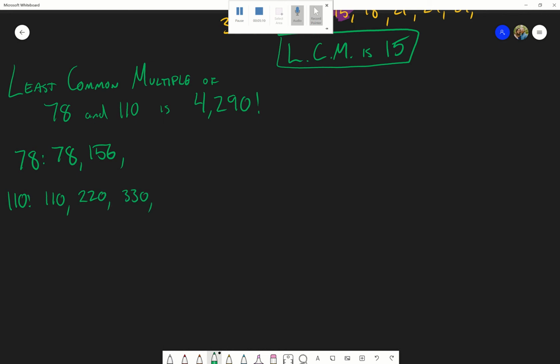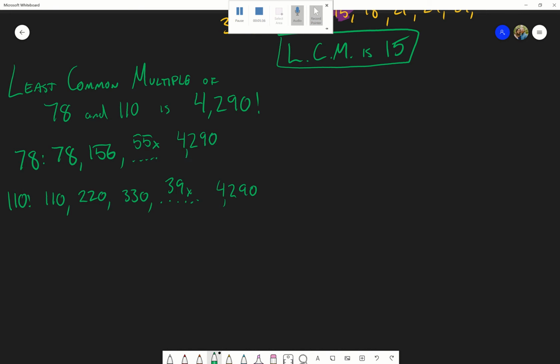This one's not terrible. You would have to do this 39 times to get to 4,290. 110, you'd have to write down 39 different multiples. 78, you would have to write down 55 different multiples to get to 4,290.